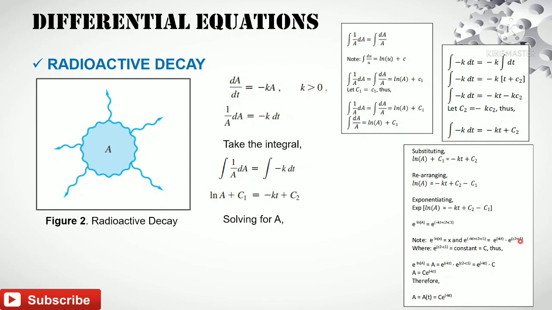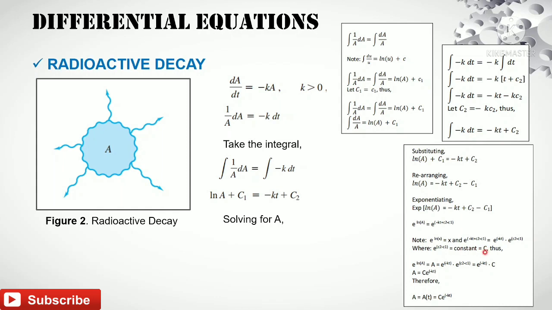As you can still remember, if we raise e to the power of a constant, it is just simply equal to a constant. So e raised to the c2 minus c1, where c2 and c1 are constants, is just simply a constant, and we will assign capital C for this.